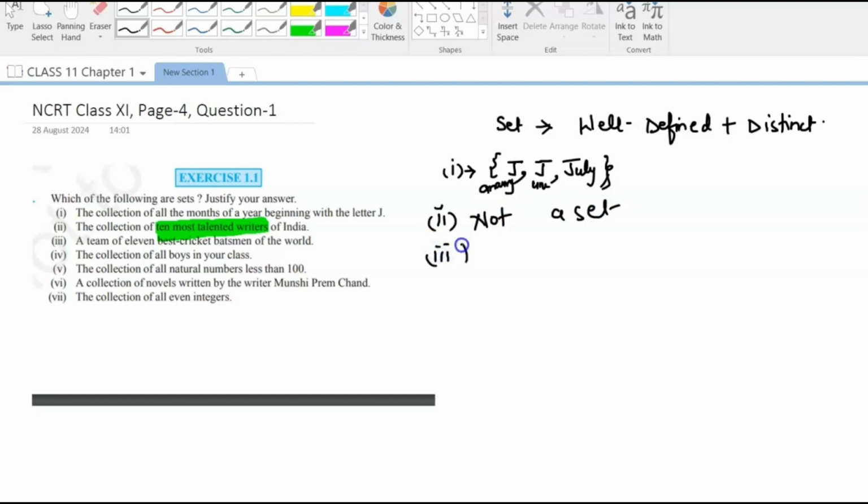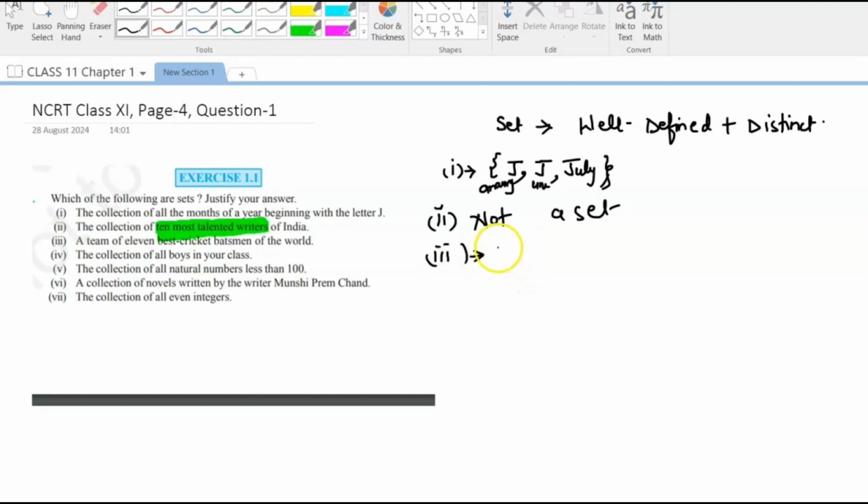Now, third, a team of 11 best cricket batsmen of the world. Okay, again, there could be a war in India. Who are the 11 best cricket batsmen of the world? For some people it could be someone else, and for some people it could be someone else.